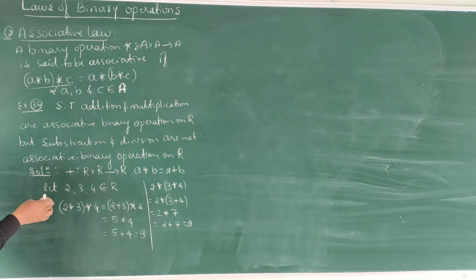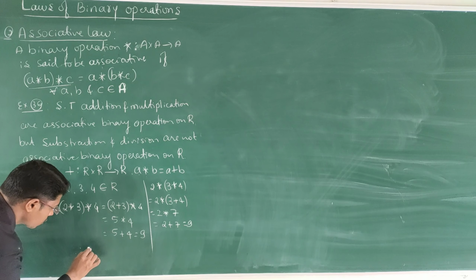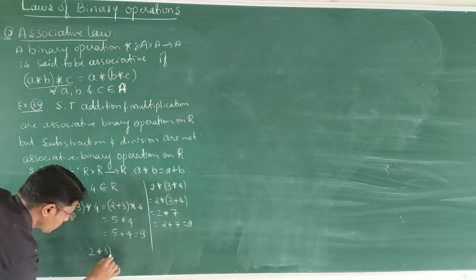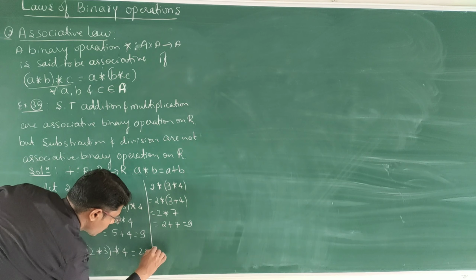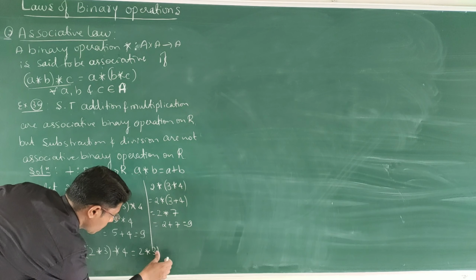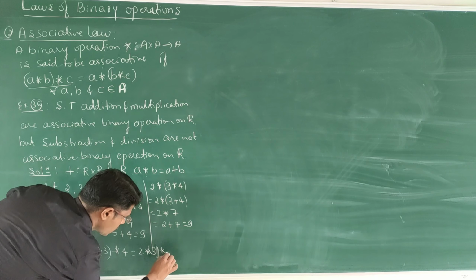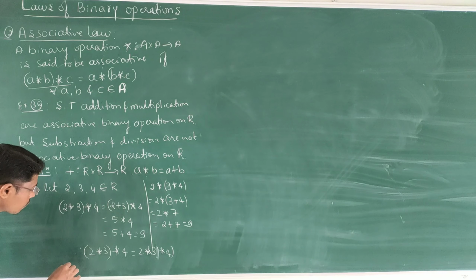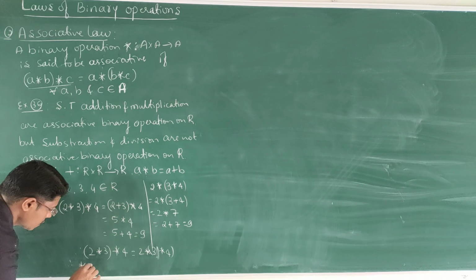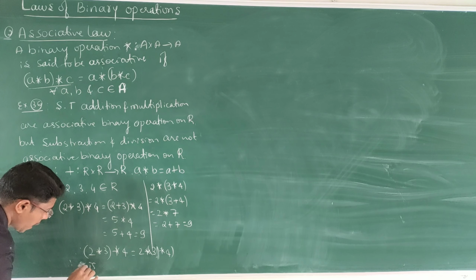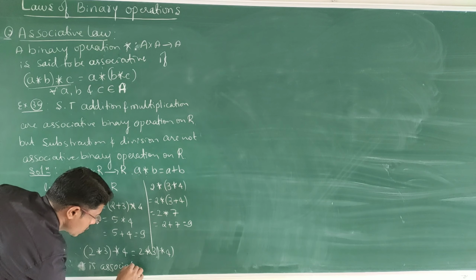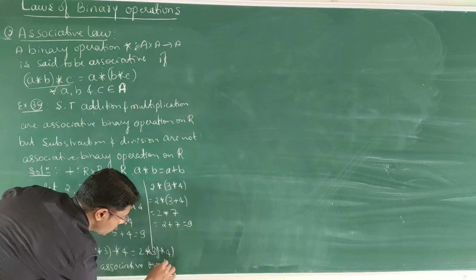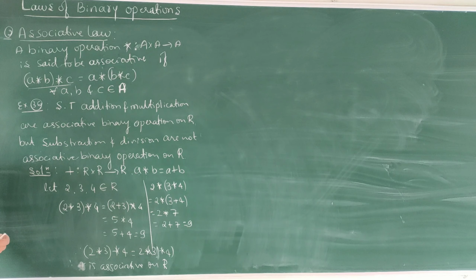So therefore we got (2 star 3) star 4 equal to 2 star (3 star 4). Therefore star, that is addition, is associative on the set of real numbers. Addition is associative on the set of real numbers.